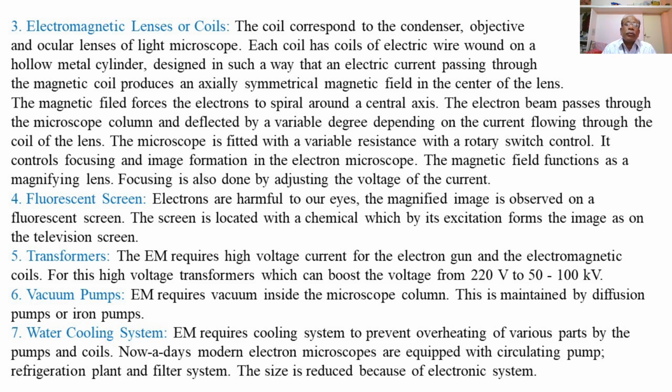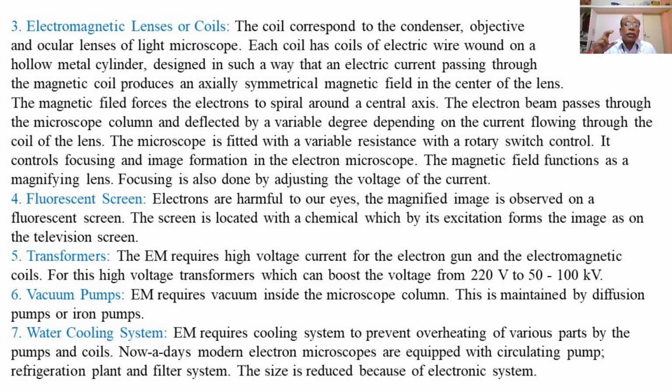There are two important components used in the electron microscope, the electron gun and the electromagnetic coils, which require high voltage current.